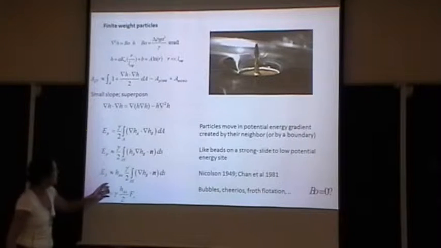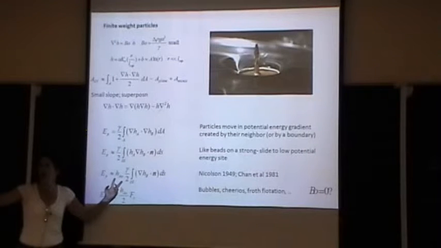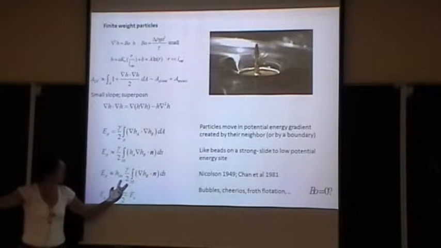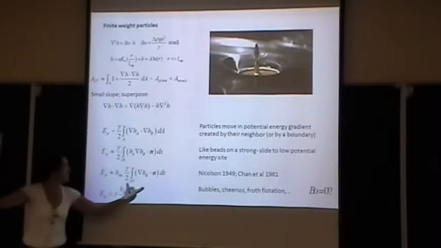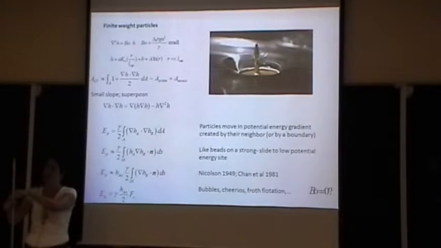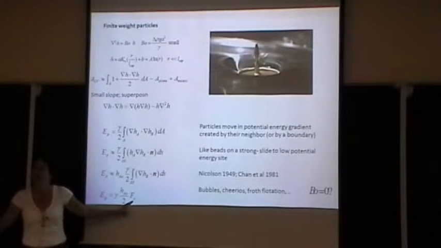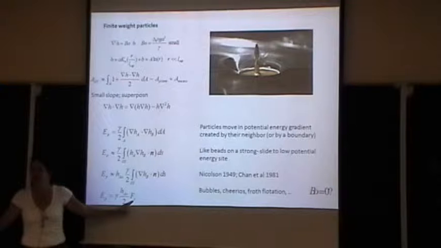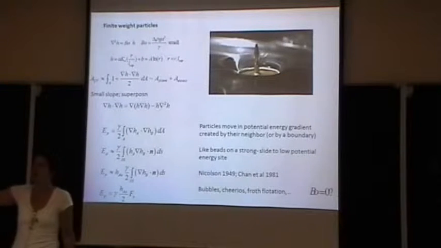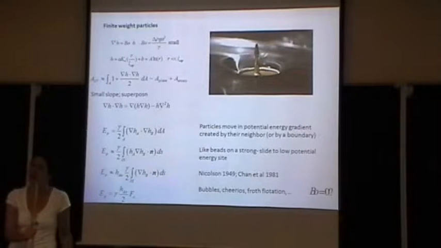It can be rearranged so that we write the energy as the height of the particle times the vertical force that's acting on it. And what ends up happening is that the particle is moving in the potential energy gradient created by its neighbor.